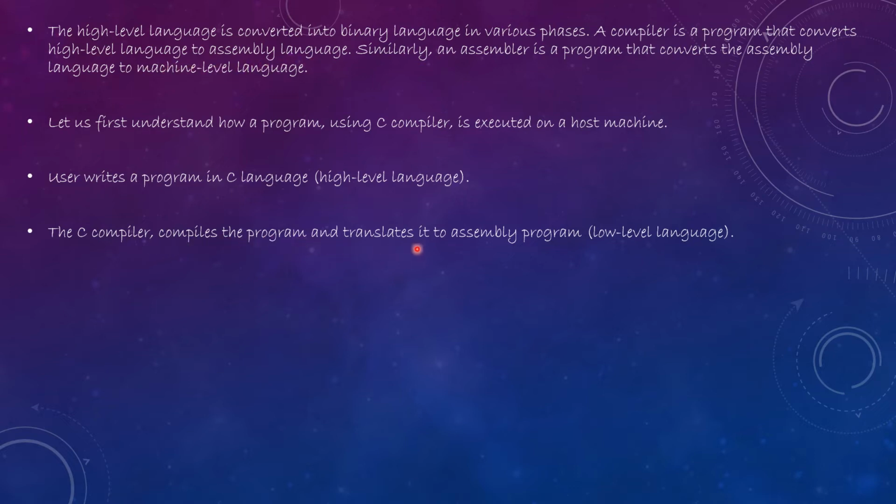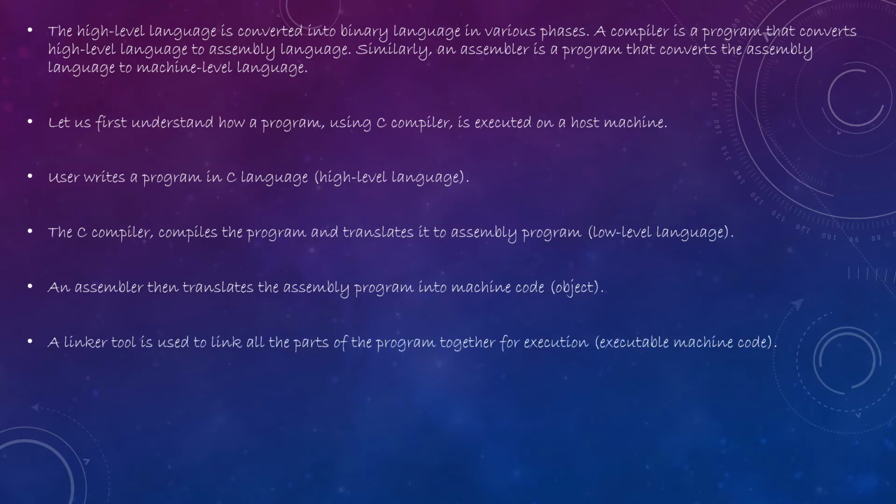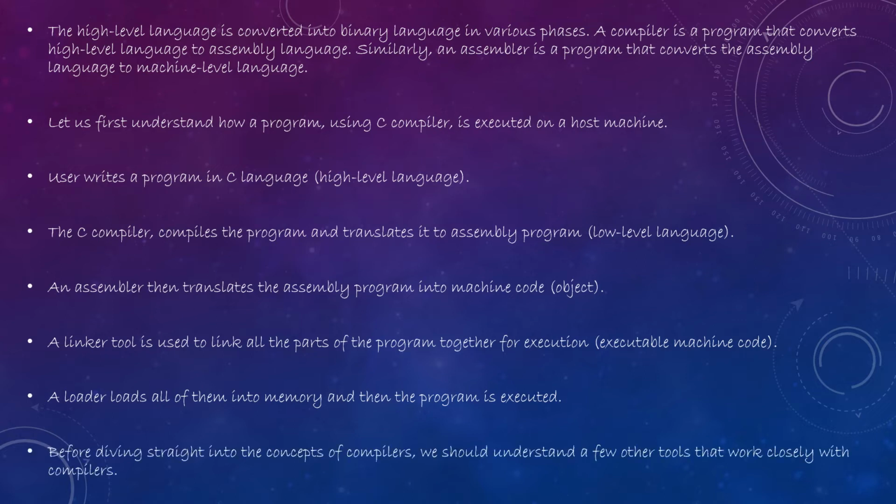Now an assembler translates the assembly program into machine code, as we discussed in the previous points. Now a linker tool is used to link all the parts of the program together for execution. Then a loader loads them all into memory and the program is executed.